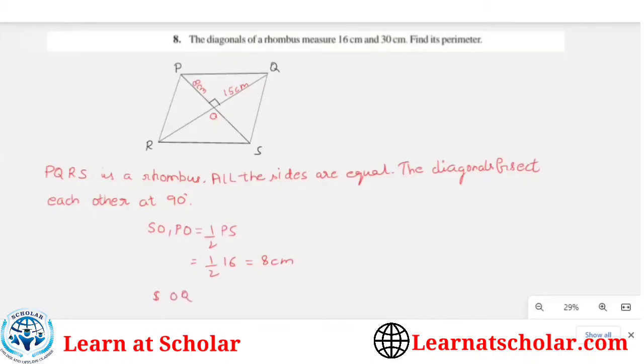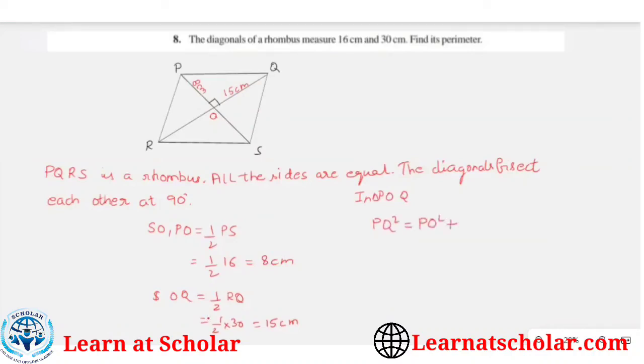So if the center is O, so PO is half of PS is equal to 8 centimeter and OQ is equal to half of RQ, that is 15 centimeter, right? So one triangle POQ is right angled at O. So PQ square is equal to PO square plus QO square by Pythagoras property.